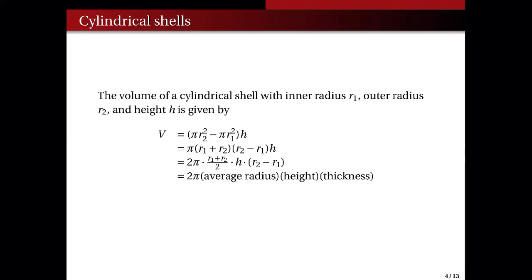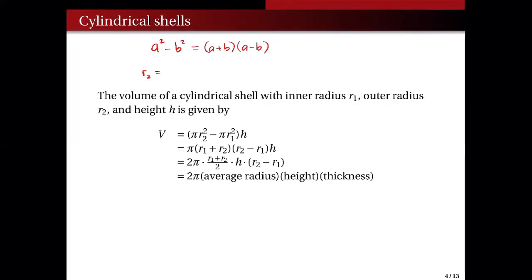But remember, difference of two squares: a squared minus b squared is a plus b times a minus b. You can factor out pi. Then you have here R sub 2 squared minus R sub 1 squared. Again, let me just write this.